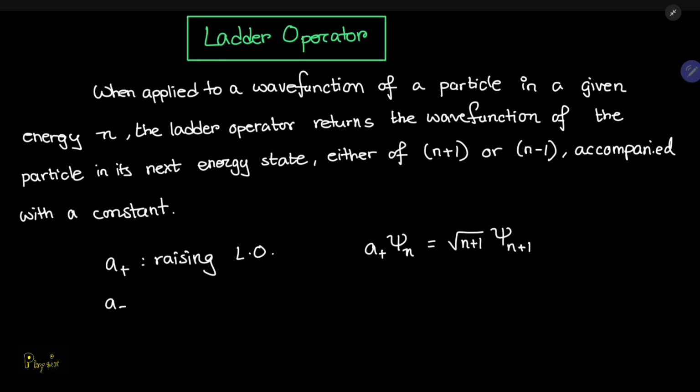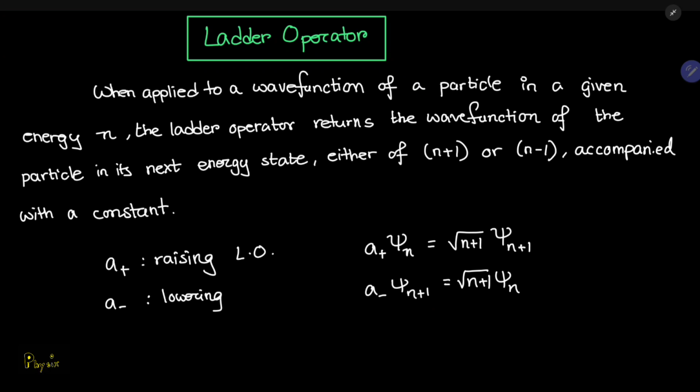A minus is what we call our lowering ladder operator. When A minus is applied to psi sub n plus 1, this returns the square root of n plus 1 times psi sub n. Now, why did I choose to write down psi sub n plus 1?